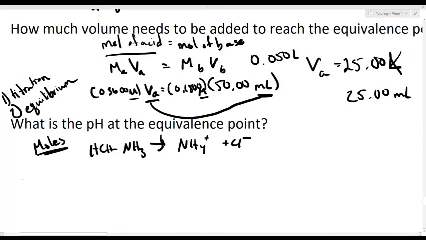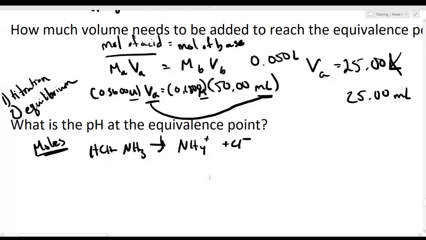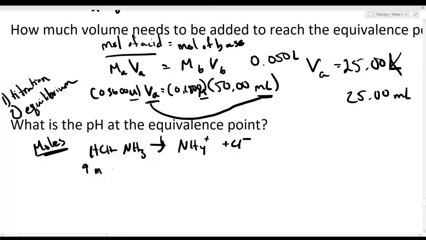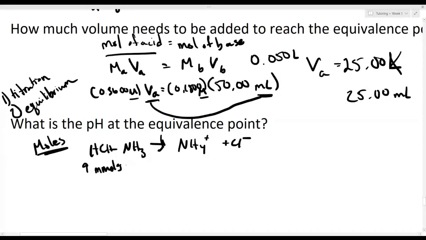We start out with 0.36 times 25 milliliters. I'm going to do that real quick: 25 times 0.36. We start out with 9 millimoles of HCl, and 9 millimoles of NH3.